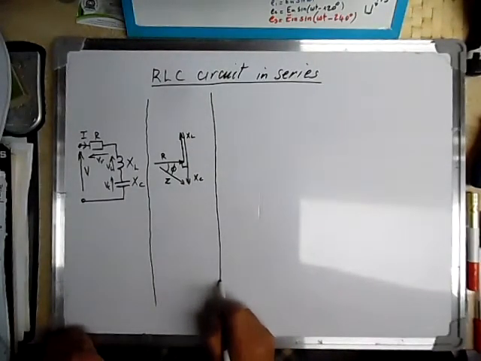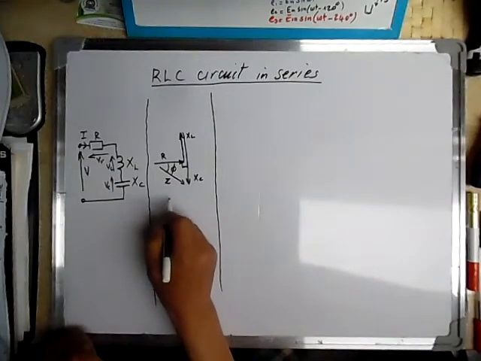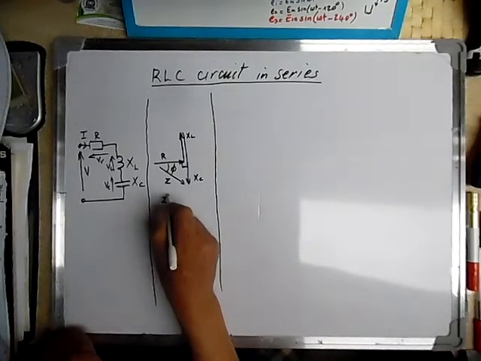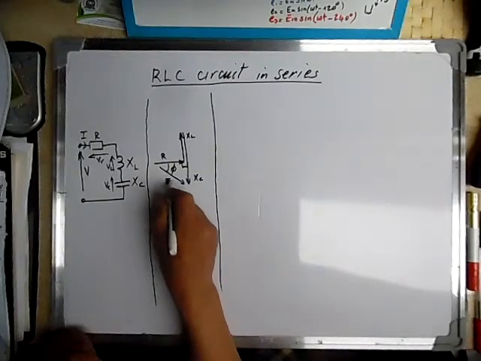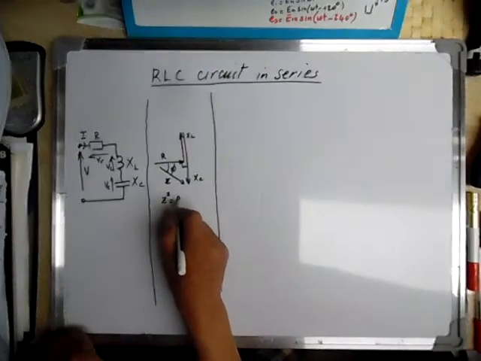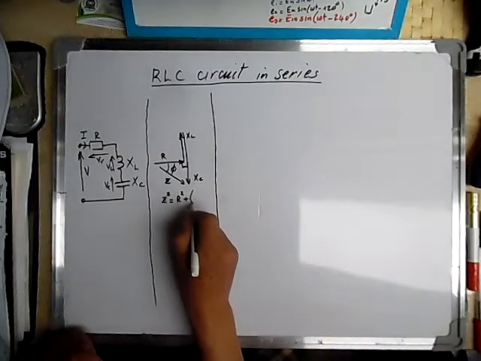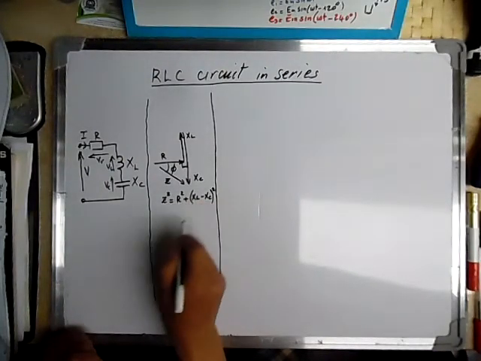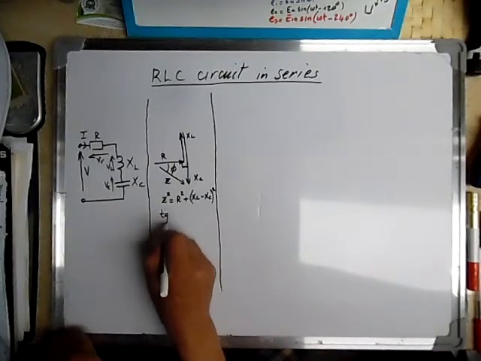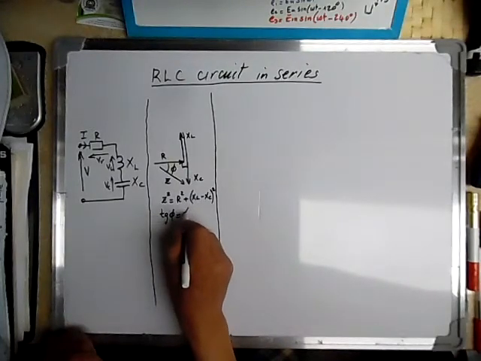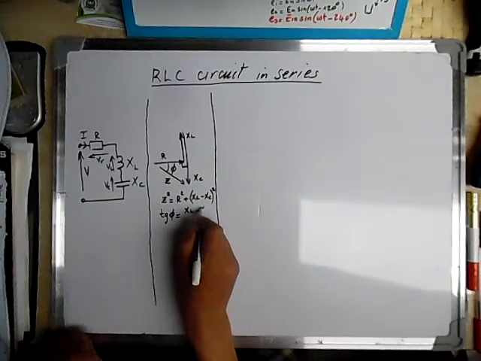We can use Pythagoras theorem, which says that Z squared is equal to R squared plus the difference squared. Tangent phi is equal to the difference of the reactances over R.